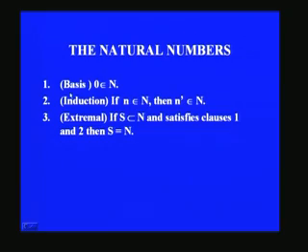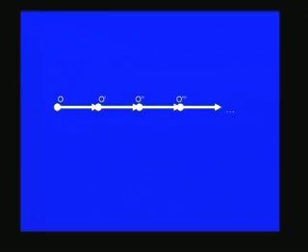Basis: 0 belongs to N, and induction clause: if n belongs to N, then n dash belongs to N, and the extremal clause: if S is contained in N and satisfies clauses 1 and 2, then S equals N. Actually, you want something like this.